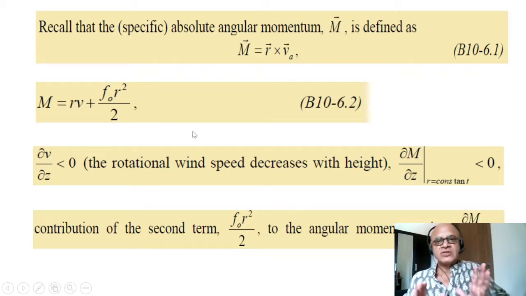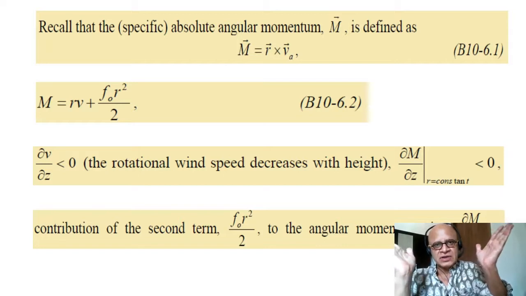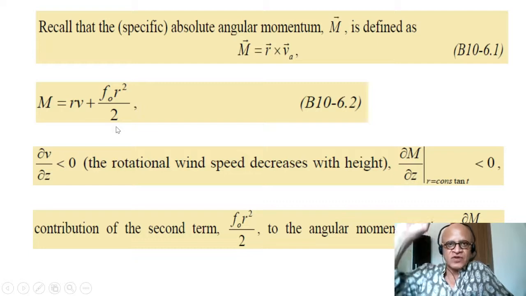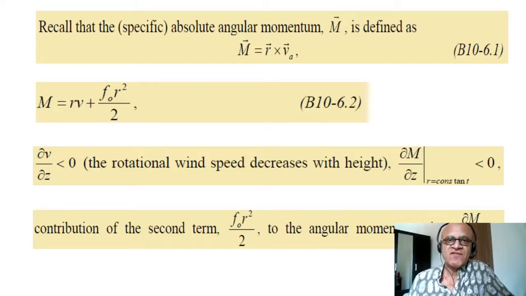But as we said, to see if the tilting eye wall and the equivalent potential temperature surfaces are angular momentum surfaces, you can see whether angular momentum in this adiabatic system can be maintained and how it can be done. So you can add to the m with f0 r squared over 2 as you go from the surface to above for a parcel.